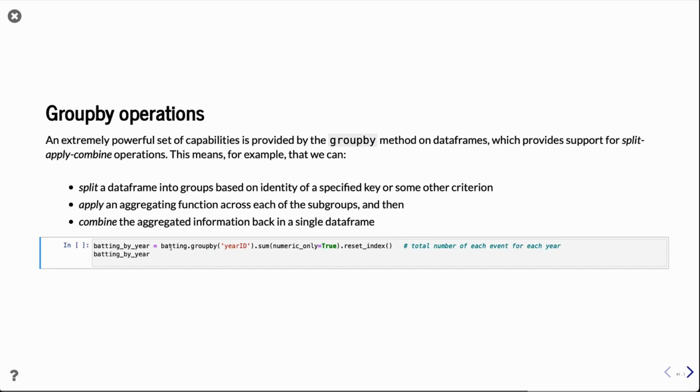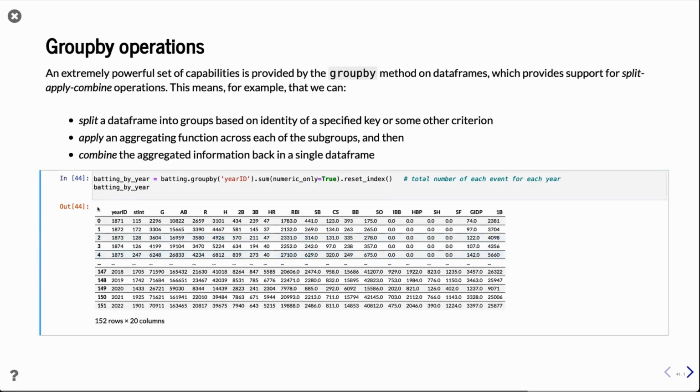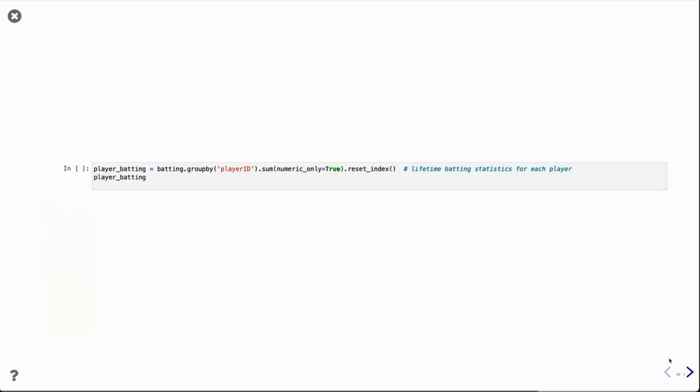So for example, if I want to know the total number of each type of event for each year, I can group by year and then sum things up. This would give me one row for each year throughout the history of Major League Baseball, the sum of each of the different hitting events per year. And I could look at historical trends, for example, that way.